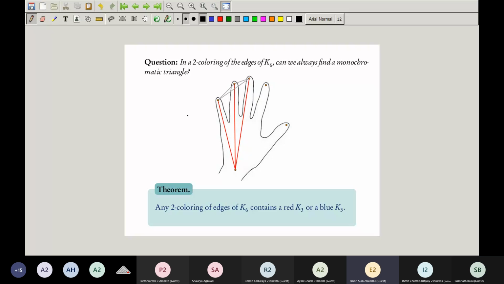Each monochromatic triangle has 3 monochromatic angles. Now in a K6 graph, there are a total of 6 C 3 triangles, that is 20 triangles. Now we assume that the number of monochromatic triangles in the K6 graph is x. Then there must be 20 minus x non-monochromatic triangles, because there are 20 total triangles and x monochromatic triangles.